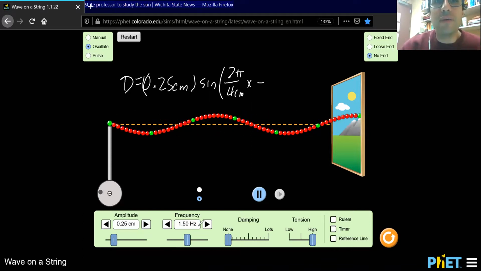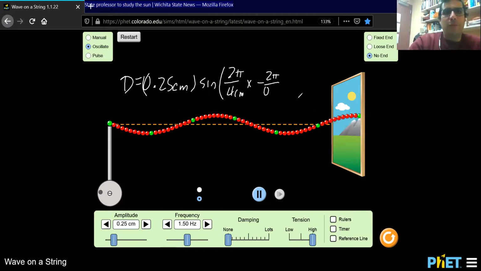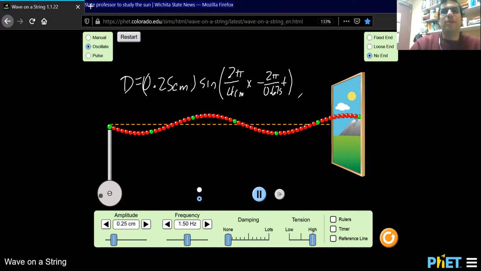If the frequency is 1.5 hertz, then the period, we measured this as well, is like 0.67 seconds. And so writing it like that, it would be 2 pi over 0.67 seconds times time. That's the formula for this traveling wave.